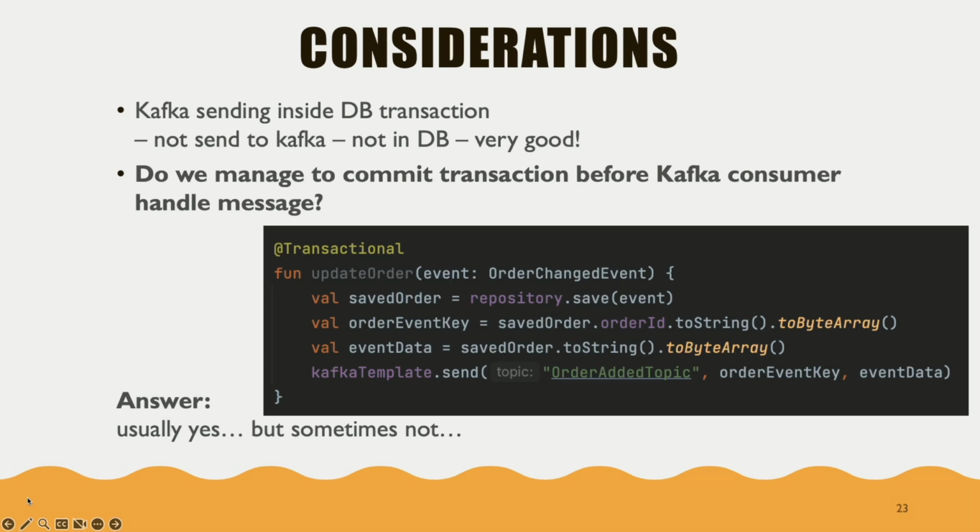So then, in theory, it's okay. Nothing sent to the world, nothing in our database, so everything is consistent. So it looks cool. But the question actually is, do we manage to commit this transaction before the consumer of this topic starts to consume this message? And in reality, especially under a bigger load, usually it's working fine, but sometimes not.